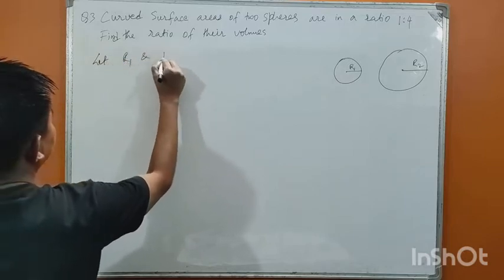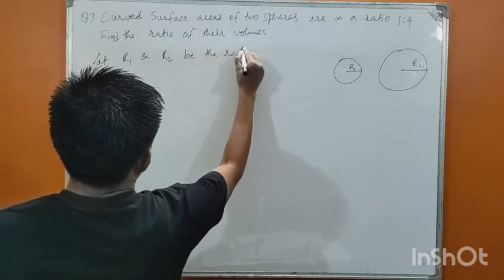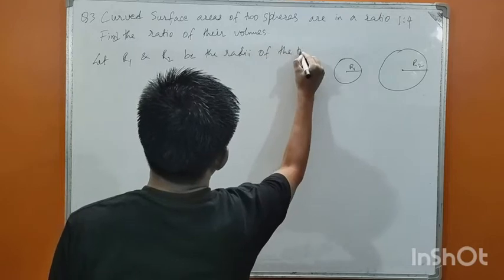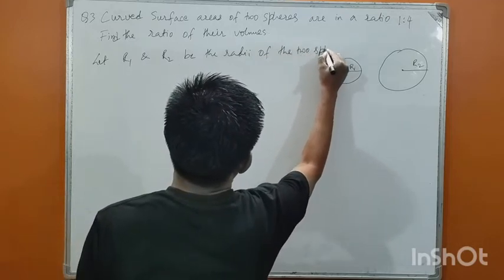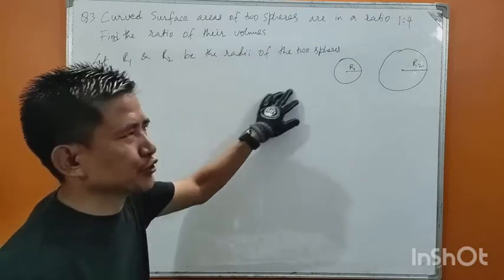Let R1 and R2 be the radii of two spheres.